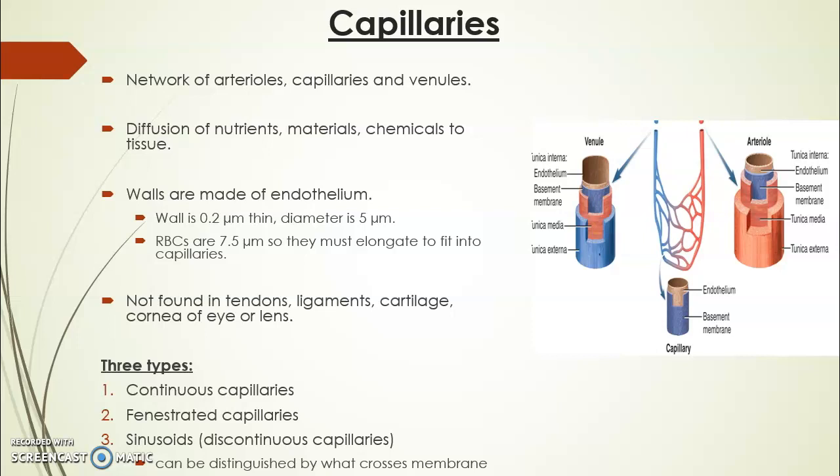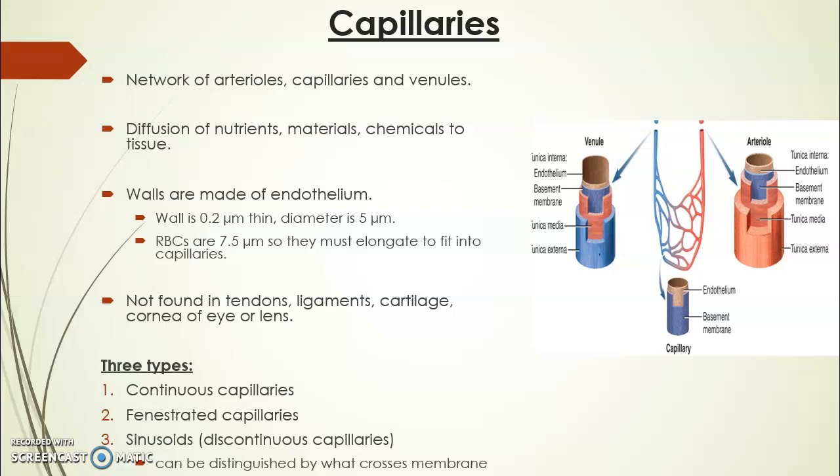So if you remember when we talked about sickle cell anemia and how important the shape is for red blood cells, they need to be able to fit and maybe elongate, or they need to fold back on themselves to actually fit within the diameter of these particular capillaries.